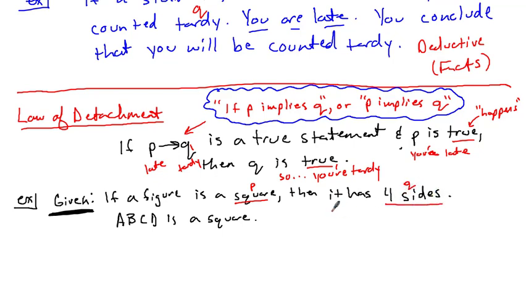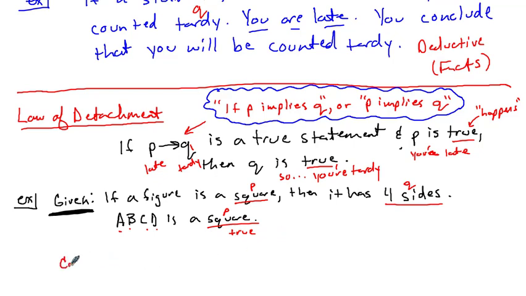So, if a figure is a square, P, it has 4 sides, Q. Our law of detachment says if P implies Q is a true statement, and P is true. So right here it says if a figure is a square, and it says A, B, C, D is a square. So P, true, right?